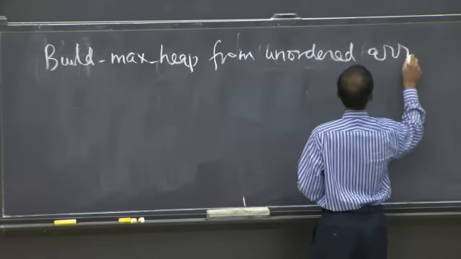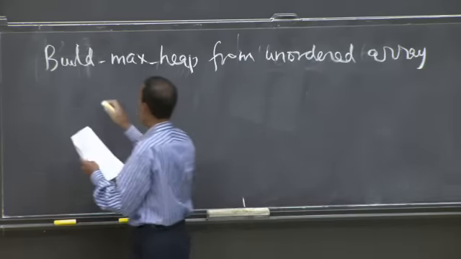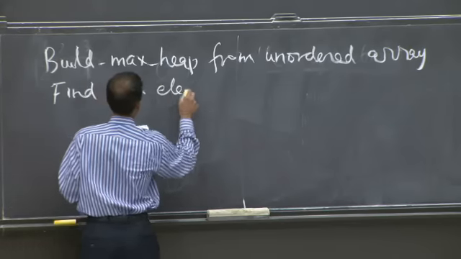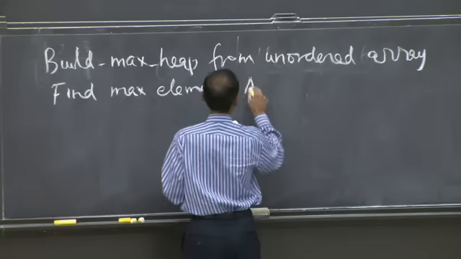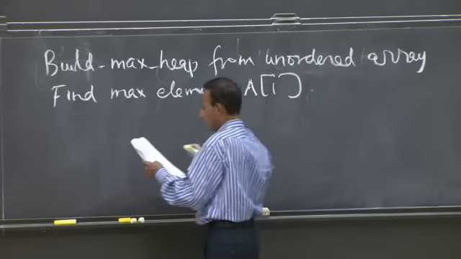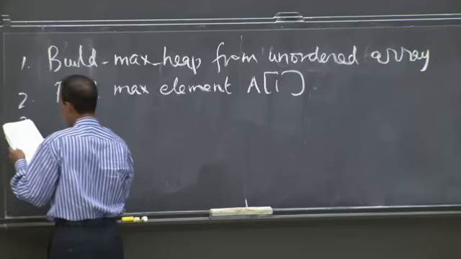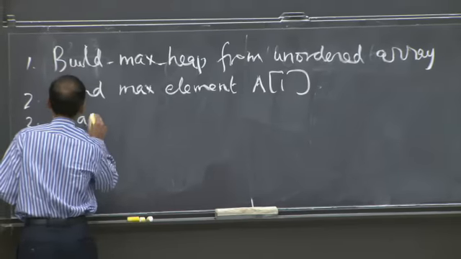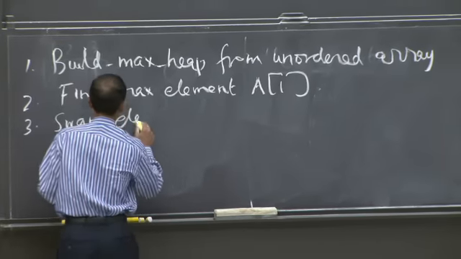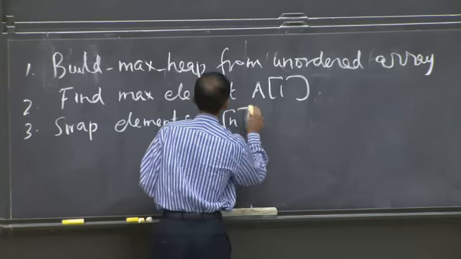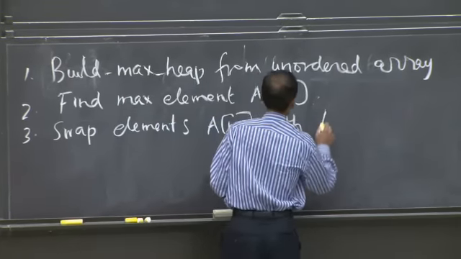Okay? Then you find the maximum element, A1. All of this I've said multiple times. Now the key step is you could do extract max, but one nice way of handling this is to swap the elements An with A1.